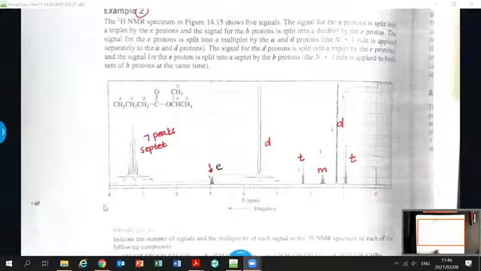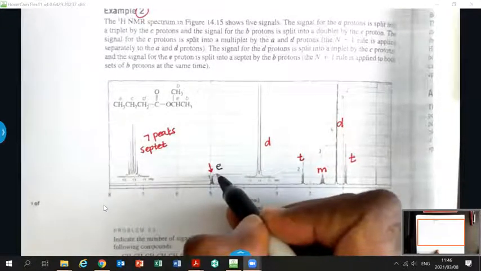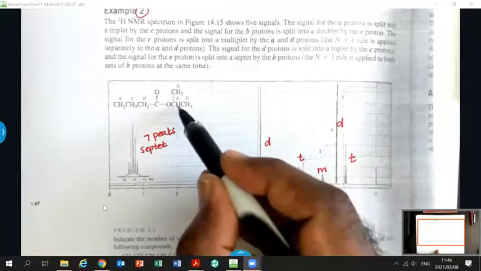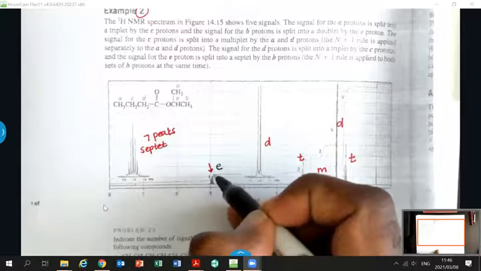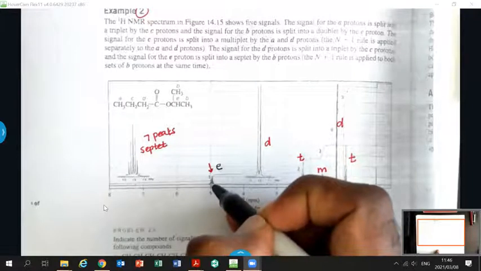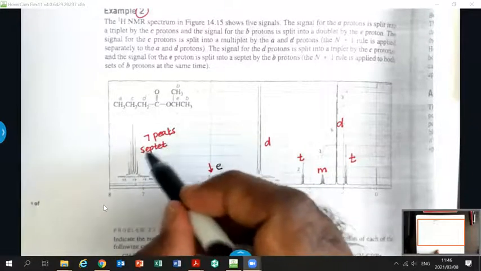Now let's try and verify that by looking at the multiplicity, right? So I looked at the chemical shift, and the chemical shift said this should be E. If I look at the integration, I just have 1 proton here, and this 1 proton tells me the integration also matches what I said. Now let's look at the multiplicity. I see 7 peaks here, septet.